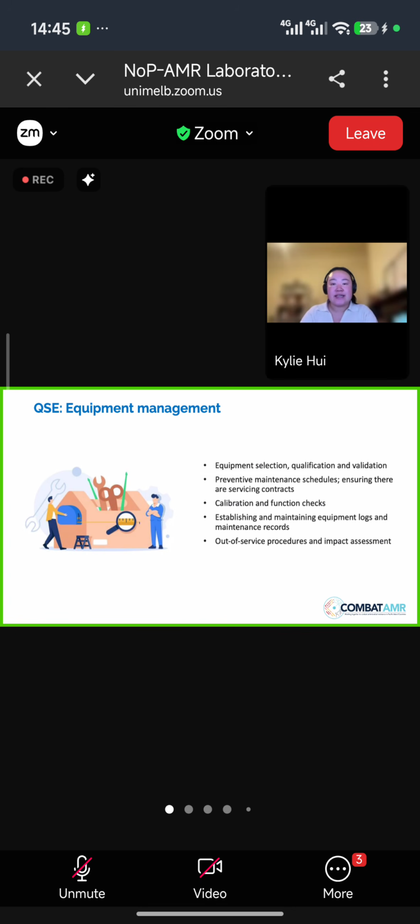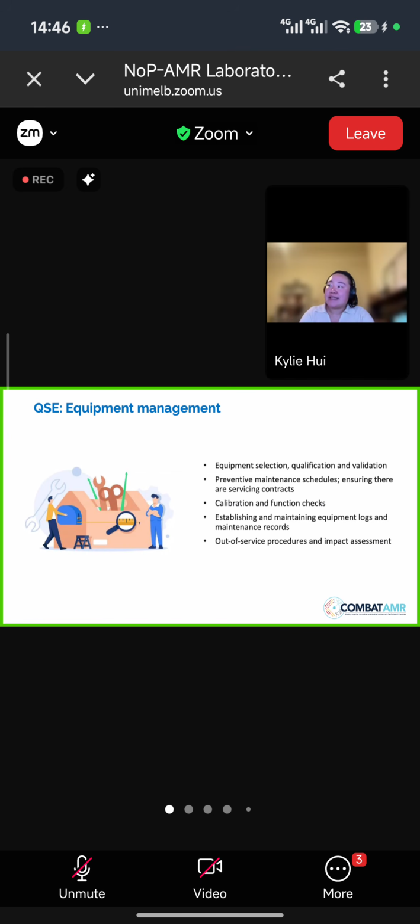So particularly for things like your analyzers, like your MultiTOF or your Vitek, or even things like your Vortexer, or things that are routinely used like your pipettes. We want to ensure that there's calibration and function checks, particularly for things that you use regularly. So things like pipettes, you want to make sure that it's calibrated so that the volume that you are aspirating is the correct volume.